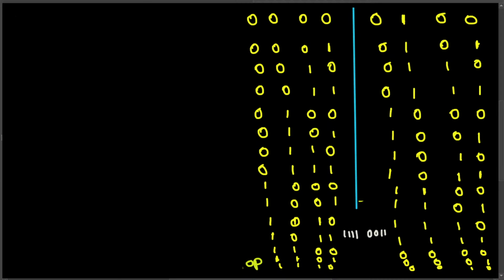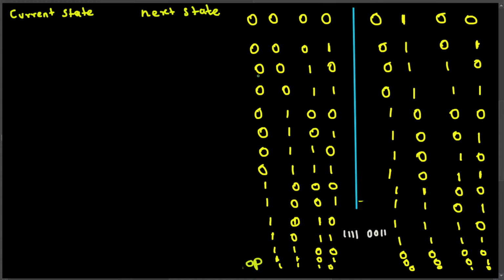Current state, and then we have next state, and I'm going to put a ruler for everything because that's going to help us to keep track of them.